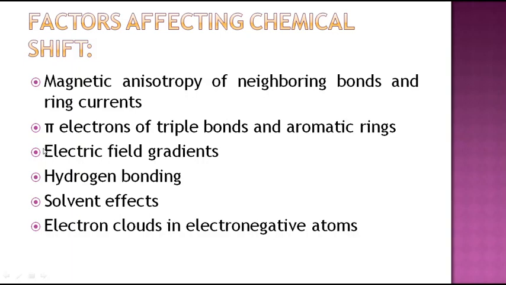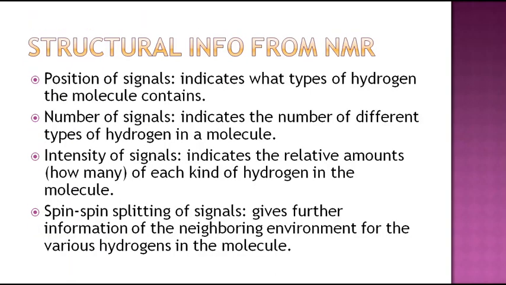They also affect electric field gradient, charge on the molecule, electronegativity, electropositivity, hydrogen bonding, solvent effect, and the electron cloud of electronegative atoms. These are the factors that affect the chemical shift value. We will see them one by one in the coming week.